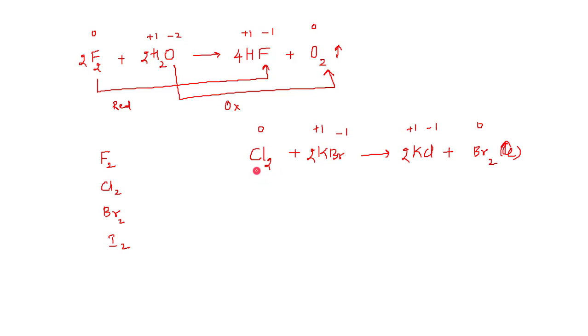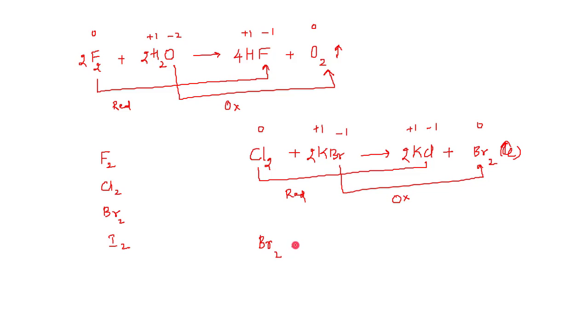Okay, so chlorine to chlorine there is decrease in oxidation number, it is reduction. And bromine to bromine, when you check -1 to 0, there is increase in oxidation number, it is oxidation. Okay, so here in these examples, same way you can write here bromine, and here you can write iodine.